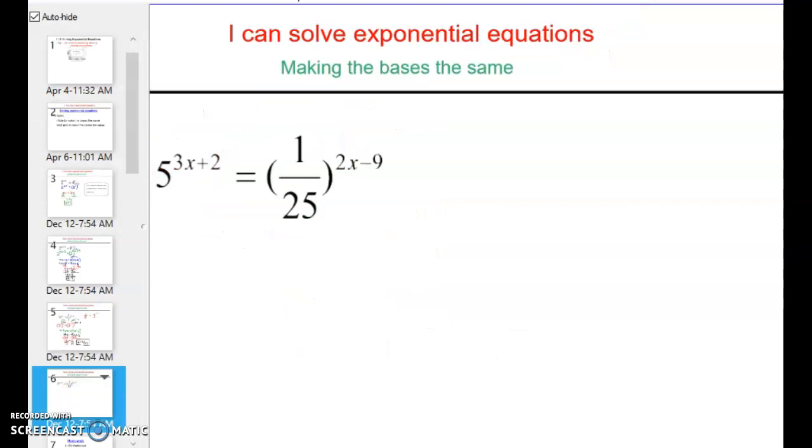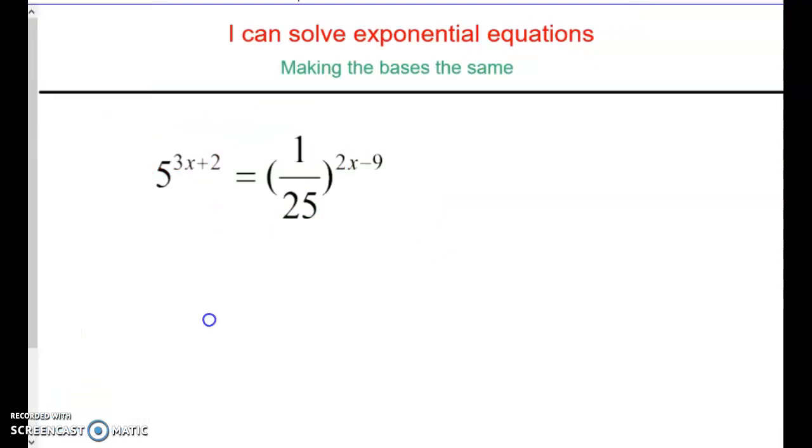All right. We're going to do one more with a fraction. So I look at 5 and 1 over 25. I'm not going to worry about the fraction yet. I'm going to look at the base of 25. So between 25 and 5, what is a common base I can come up with? Well, the smaller of the two numbers is 5. So 1 over 25 can be rewritten as 1 over 5 squared.